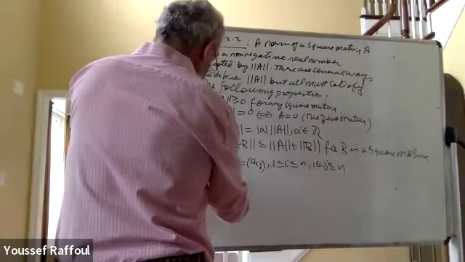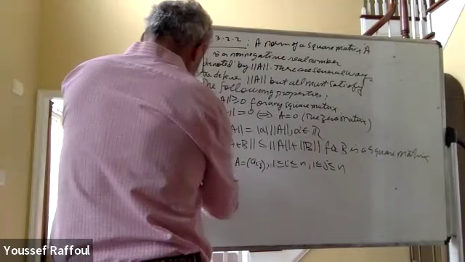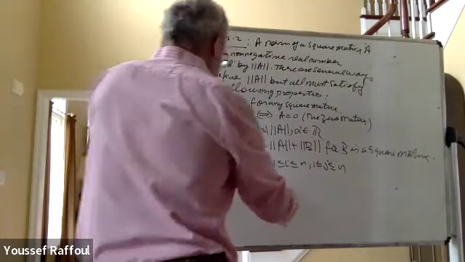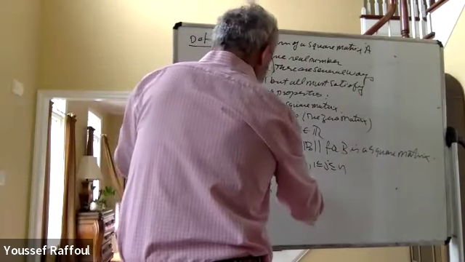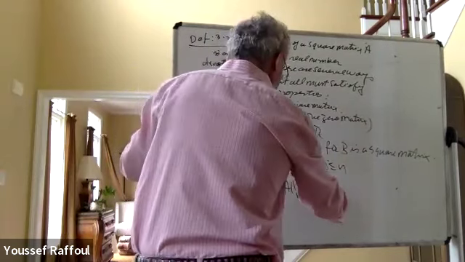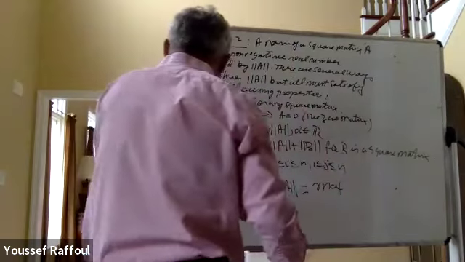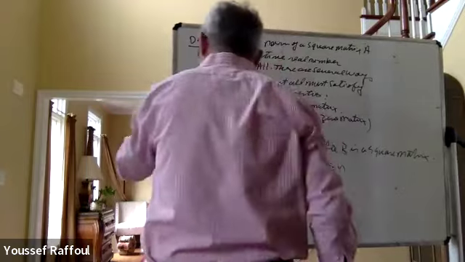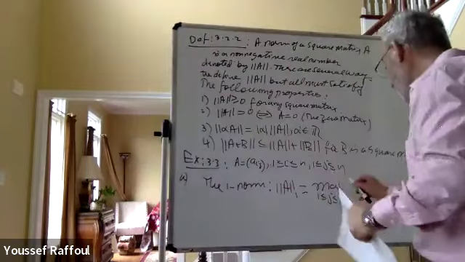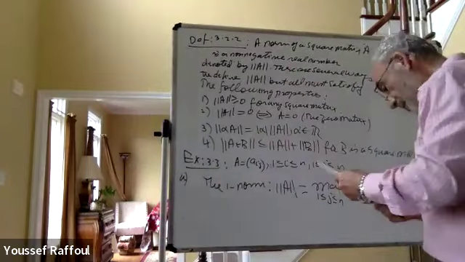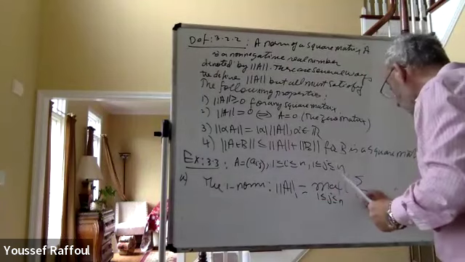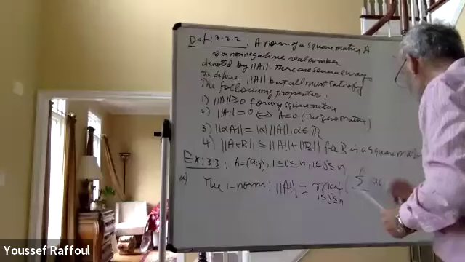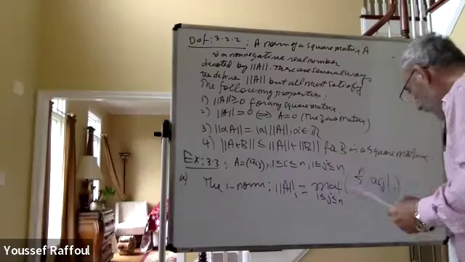So this is called the one norm, and is given by ||A||_1 is the maximum, 1 less or equal to j less or equal to n, of the sum i equal 1 to n of |aij|.